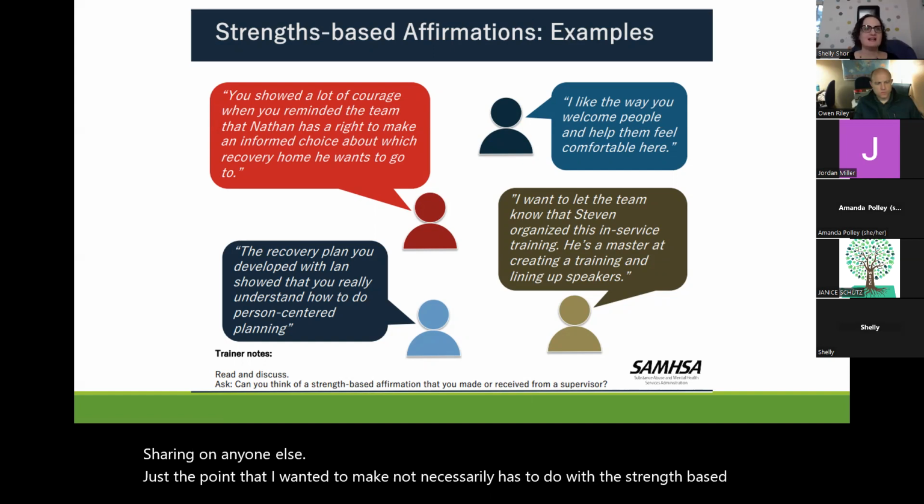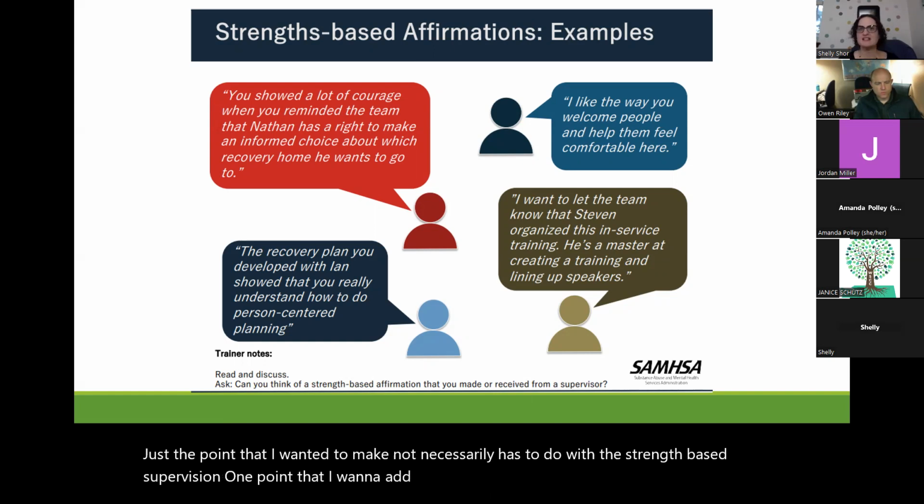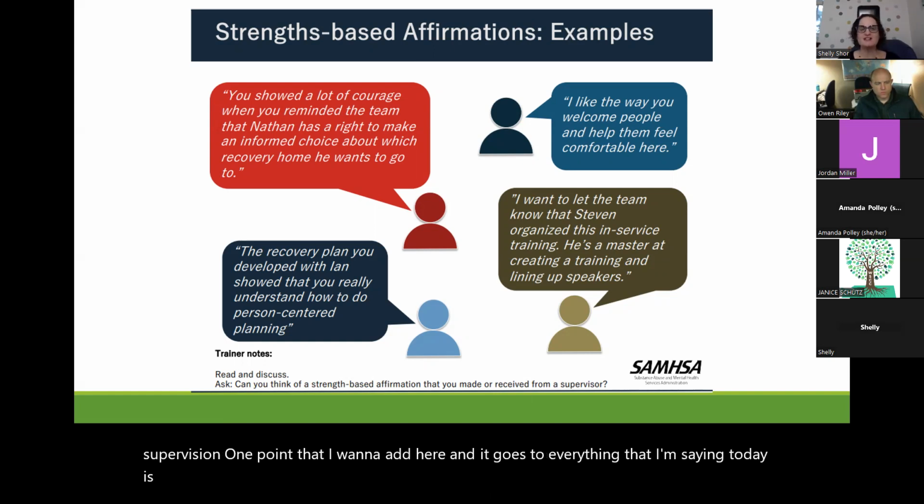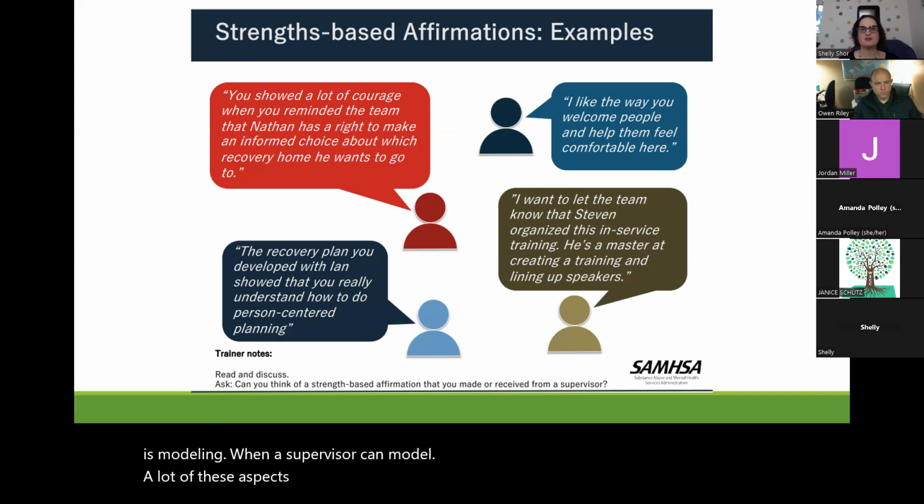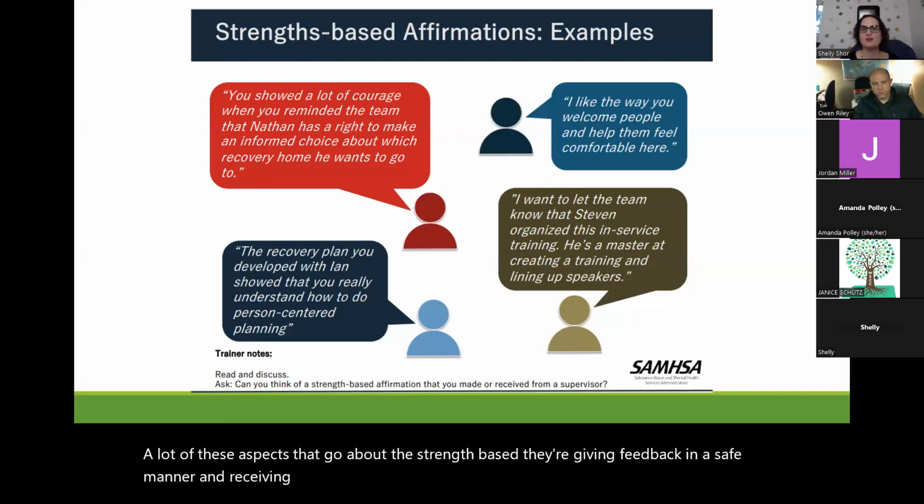One point that I want to add here, and it goes to everything that I'm saying today, is modeling. When a supervisor can model a lot of these aspects that go about the strength-based, the giving feedback in a safe manner, and receiving feedback, that goes a long way.